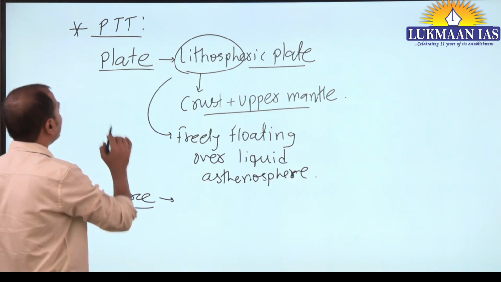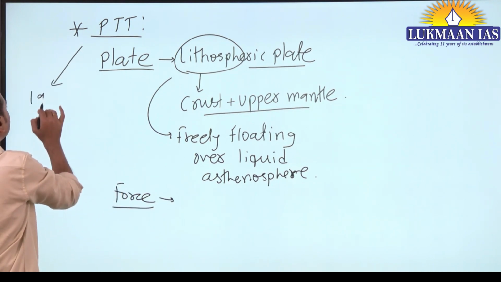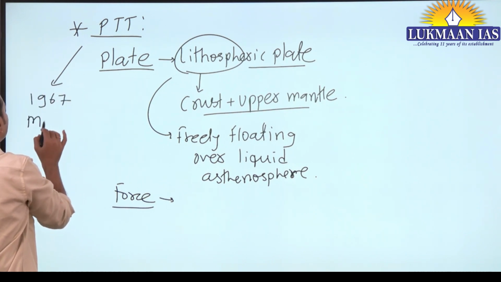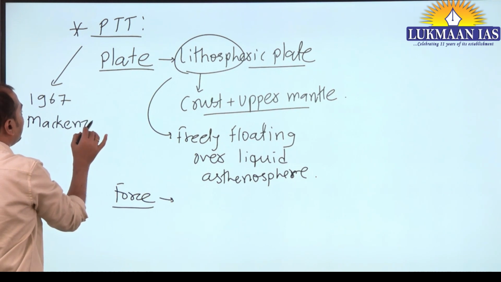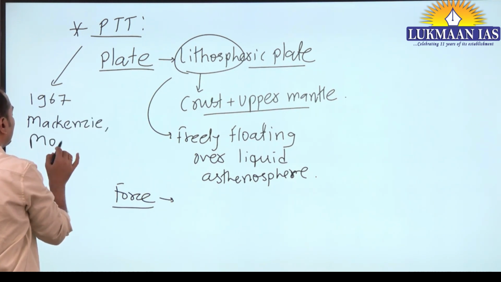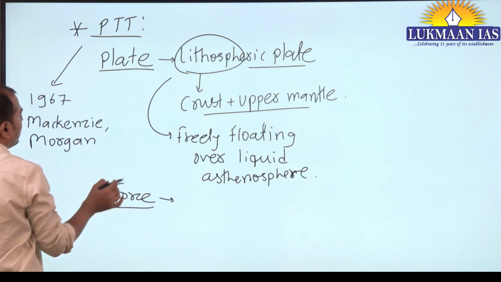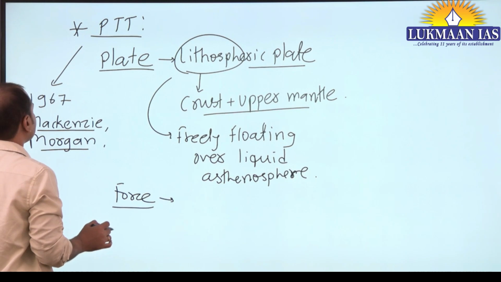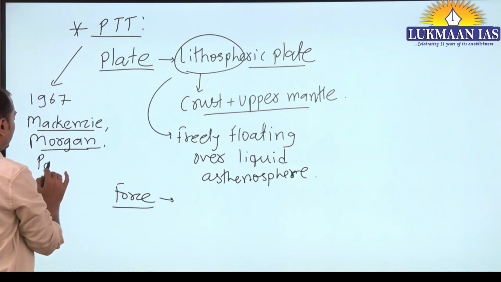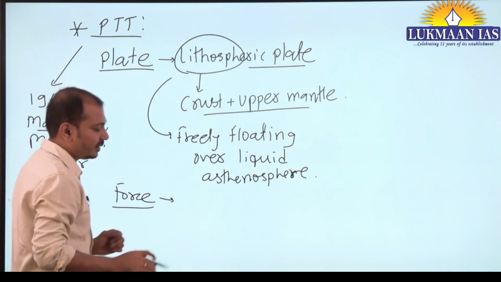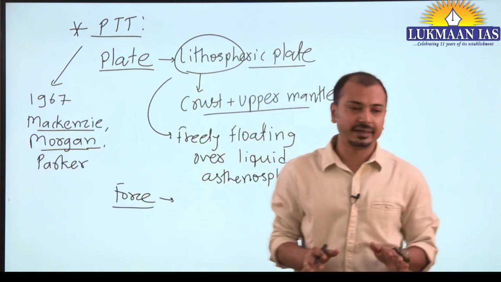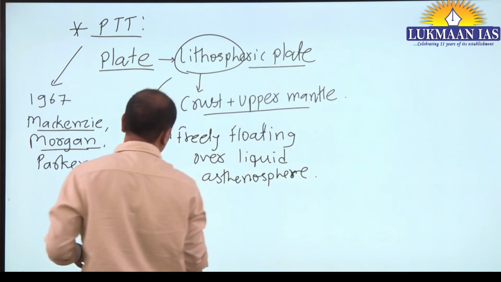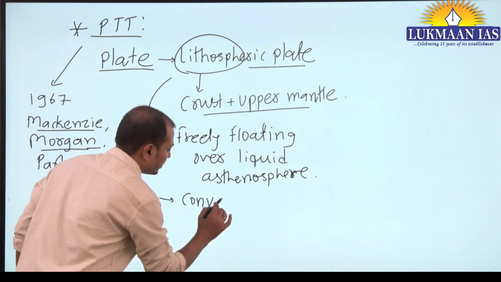This theory was given in 1967 by three geographers independently: McKenzie, Morgan, and the third one, Parker. They gave it independently, but it is the same theory given by all three in 1967. The force responsible is the convection current.